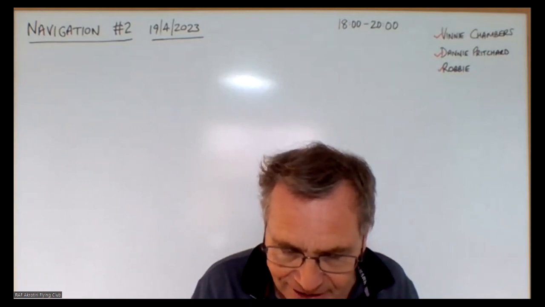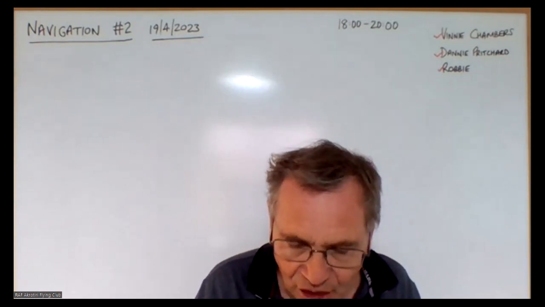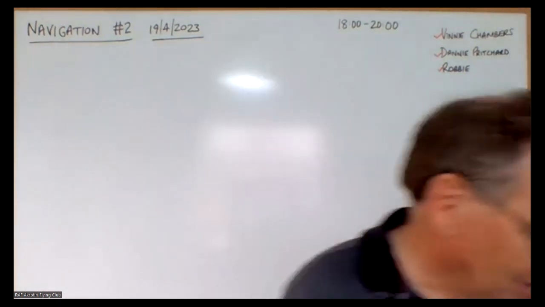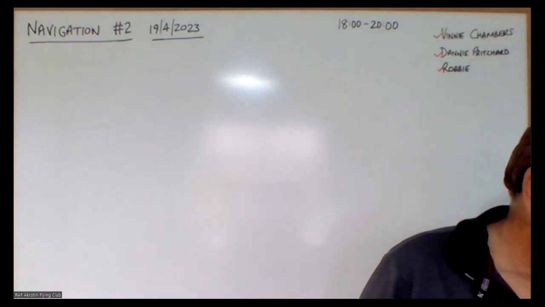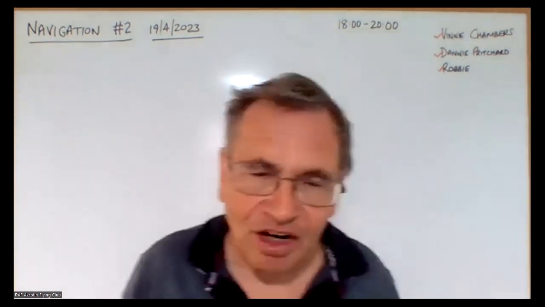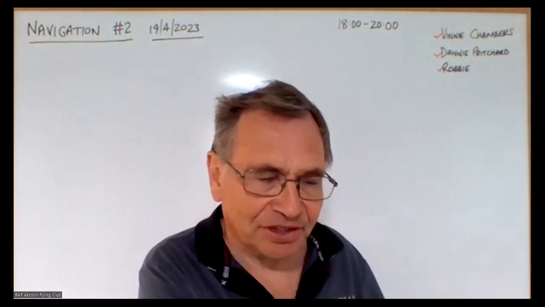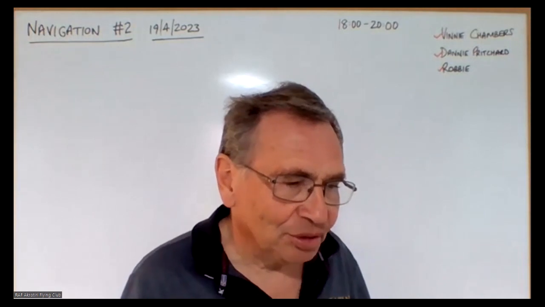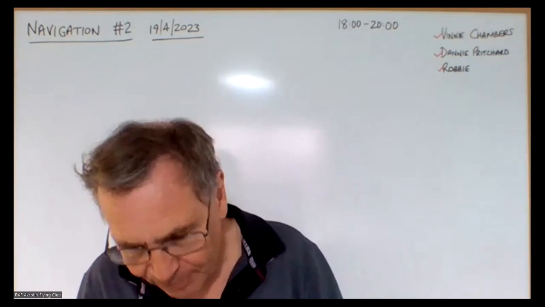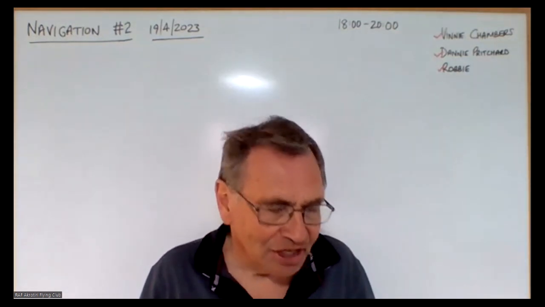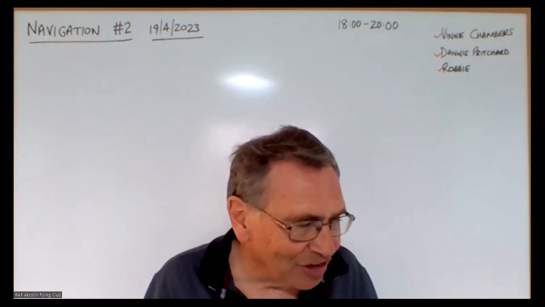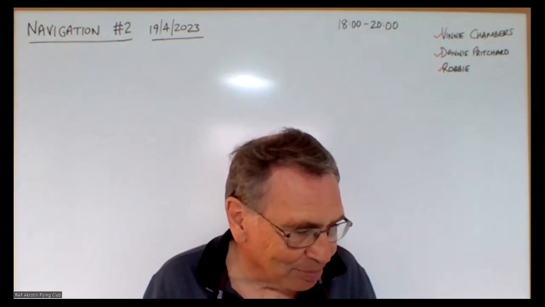But that means that if we want to use our compass as a primary navigational tool for north, well, the compass can only find where magnetic north is, and magnetic north changes every year. So how on earth do we know what heading to fly on our compass?